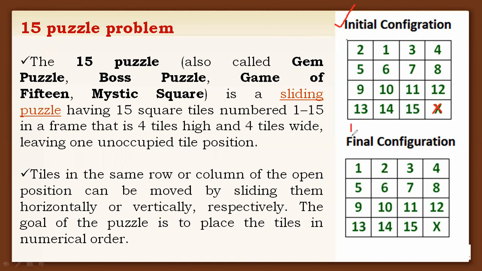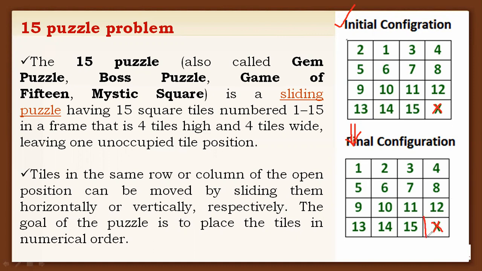We need to arrange the values in such a way that all the 15 numbers are in order, and finally one square is left blank.